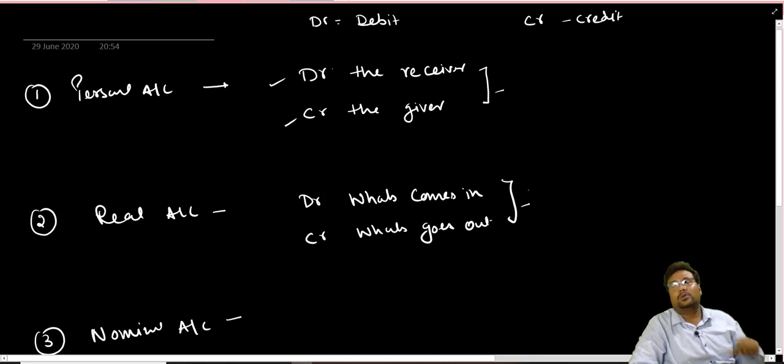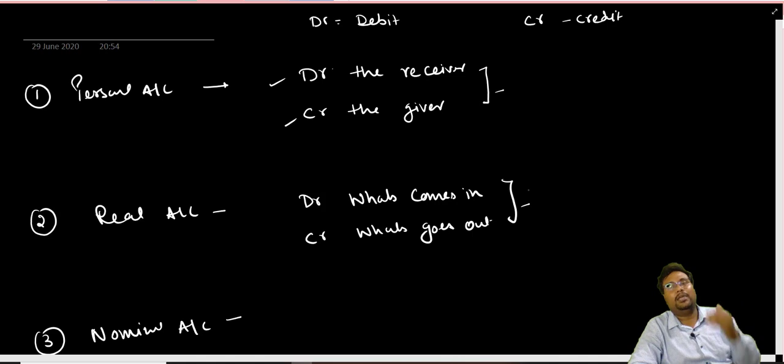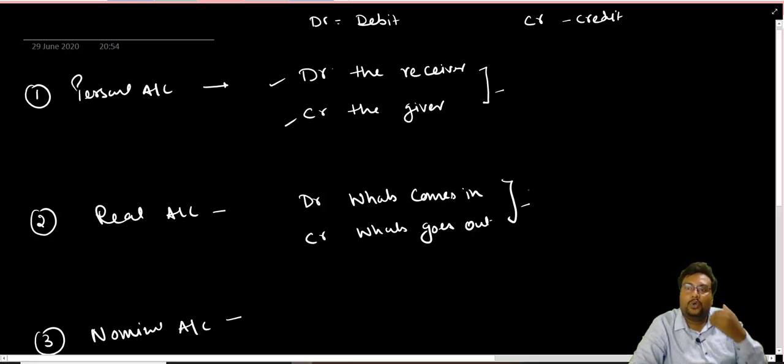This rule is saying that whatever is coming into the business will be debit, and whatever is going out from the business will be credit. I hope it is clear to you.